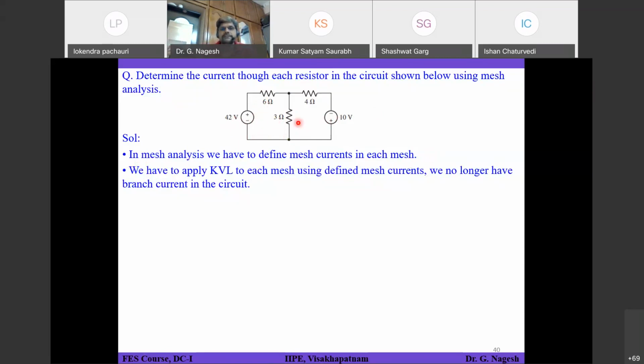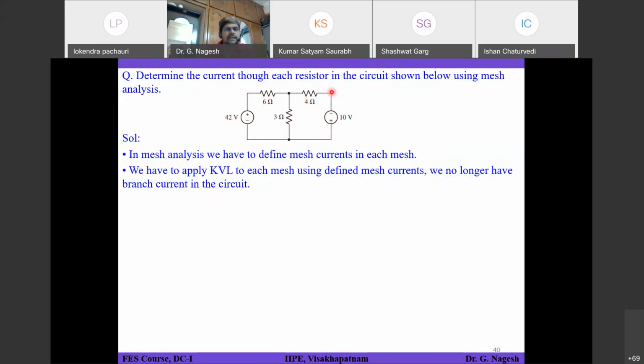Another mesh is the 3 ohms resistor, 4 ohms resistor and this 10 volts. So these three elements will form one mesh and these three elements will form another mesh. But this bigger loop consisting of 42 volts, 6 ohms, 4 ohms and 10 volts, we will not call it a mesh. So you can't apply mesh analysis for this larger loop.